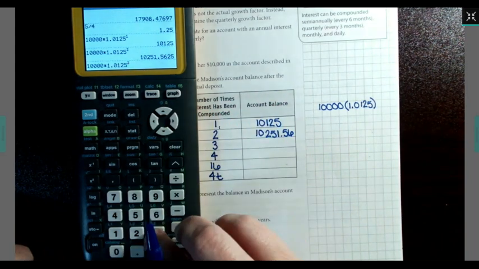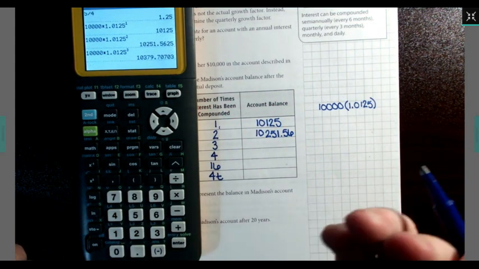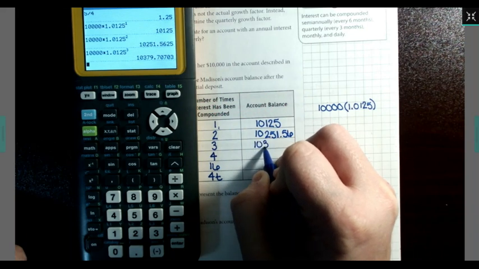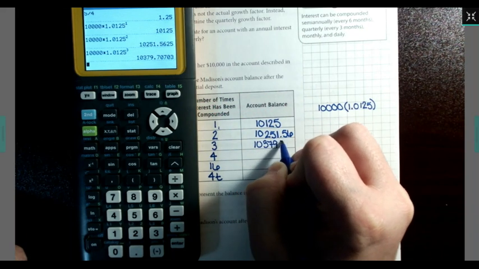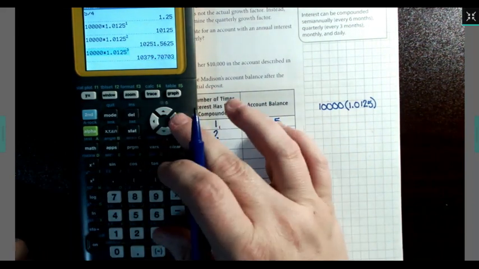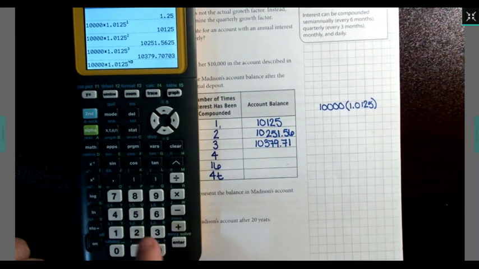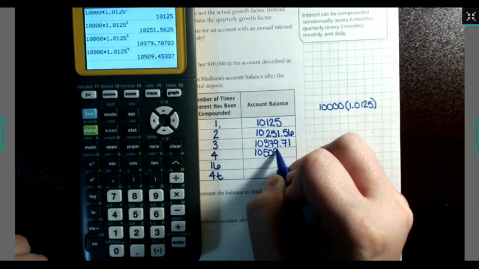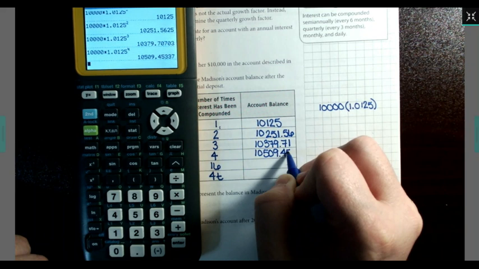After 9 months' time, which is 3 compounds of quarterly, that would be $10,379.71. After a year, we would have $10,509.45 in our account.